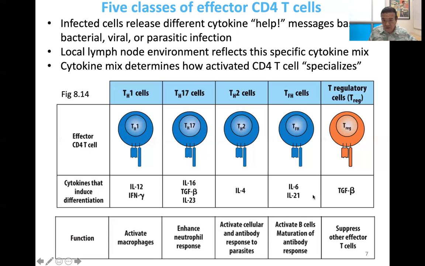Now let's look at the middle, right? So these are the cytokines in the soup of cytokines in the lymph node where this T cell is activating that will tell it to become a Th1 cell or a Th17, Th2, or a follicular helper T cell, or a regulatory T cell, right? And they have different jobs, right?